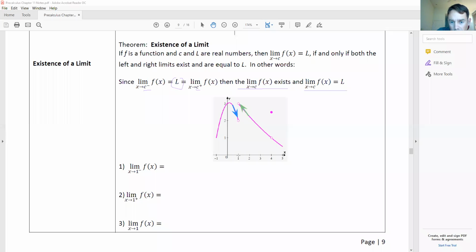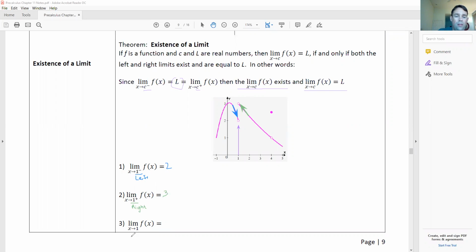I'm saying as we go up, what value is it looking like? If I'm going from the negative side, this is the left side. So the graph on the left side is coming towards 2. And then if I'm coming from the positive side, that's the right side, and that'd be the graph coming up to 3.